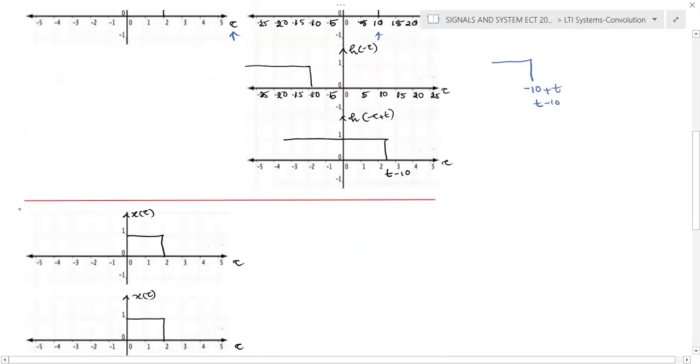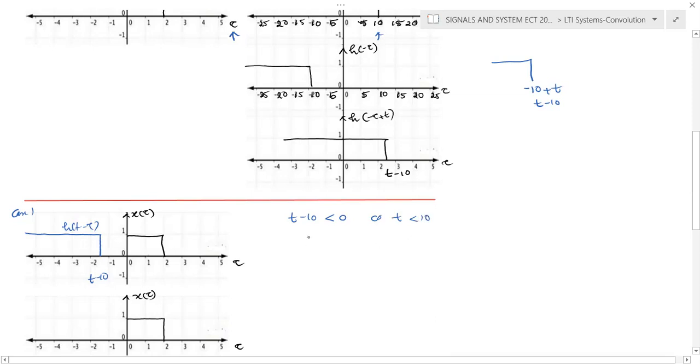So first you can consider the case where t minus 10 is somewhere here, and this is h of t minus 2. If you multiply these two signals, you can write the limit also: t minus 10 less than 0, or t less than 10.